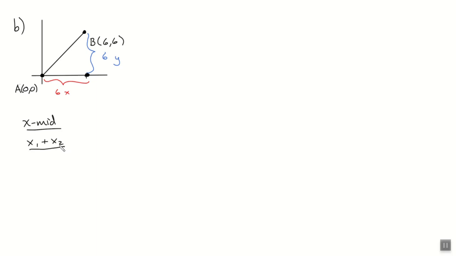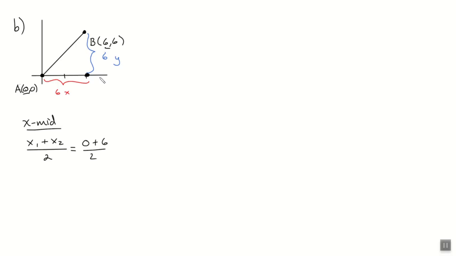Now, I need your help, though, because I don't see x1 and x2 written anywhere up here. What's the first x value? 0 right here. Plus, what's the second one? 6. So, if you're looking at this, you may be thinking y is 0, but we're only looking at the x's. Where's the middle of the x's? 3. So I'm just going to mark it right here for now.